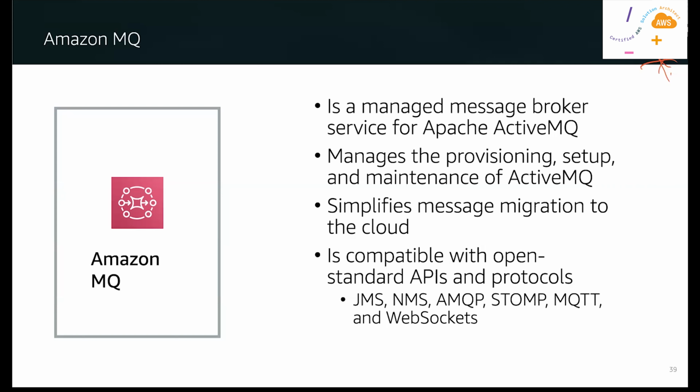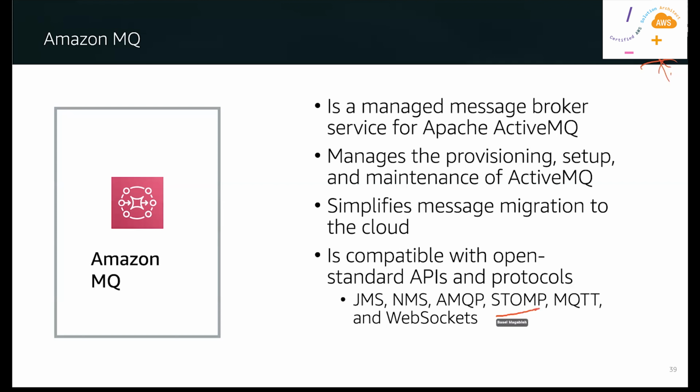Amazon MQ can be used for the provisioning, setup, and maintenance of ActiveMQ, and can simplify message migration, specifically when you have an ActiveMQ broker in an on-premises data center and you want to bring all those messages from that broker to your cloud infrastructure. It is compatible with open standard APIs and protocols, which means it supports multiple different flavors, for example STOMP, MQTT, and WebSocket, and also JMS and NMS, which is Java, for example.